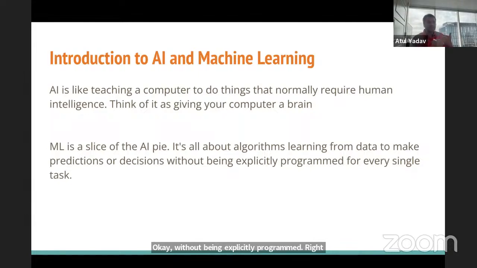So it uses the data to train itself. ML algorithms find patterns in large data and then they make decisions. So this is the definition of AI and ML. ML comes under AI, so it's a subset of AI.